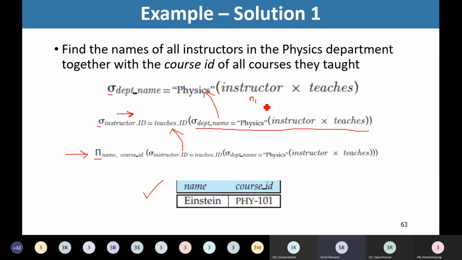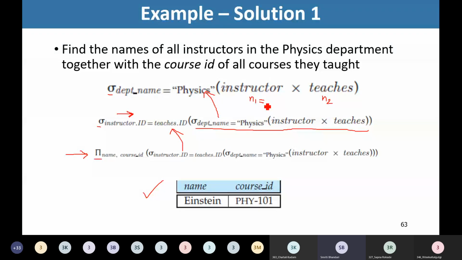For example, if I have N1 instructors and N2 entries in the teachers relation, how many tuples will I have overall? We have seen this in the last session. It is M into N, or N1 into N2 here.